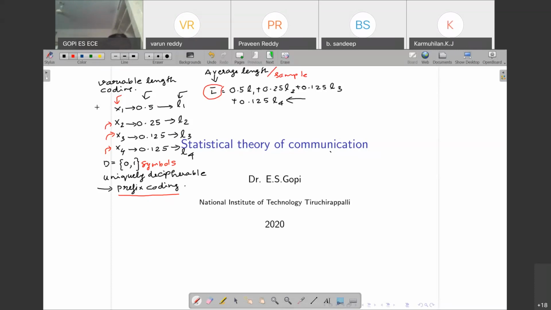If the probability is higher, say 0.5, you assign very few bits. When the probability is less, you assign more bits. Only then is the average length the best it can be, so that the coding is best.